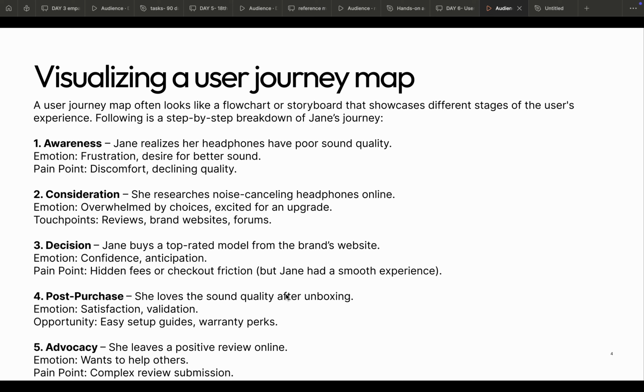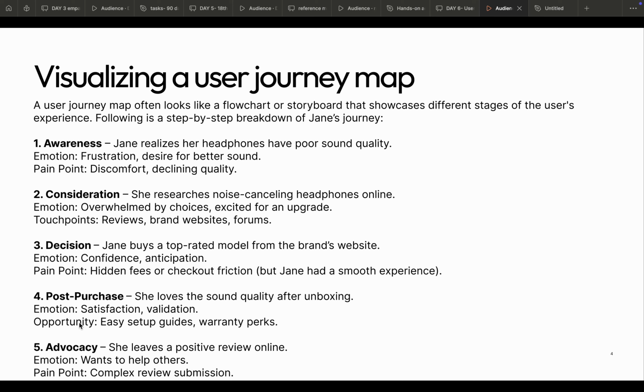After unboxing, she is satisfied, and she feels validated for the noise cancellation headphones that she had bought. And also the opportunities she has got are easy setup guides and warranty from the same company. And advocacy here: she leaves a positive review for that headphone and she wants to help others.